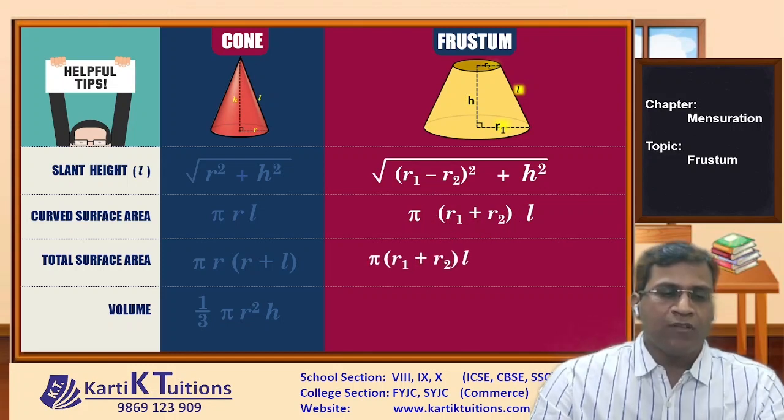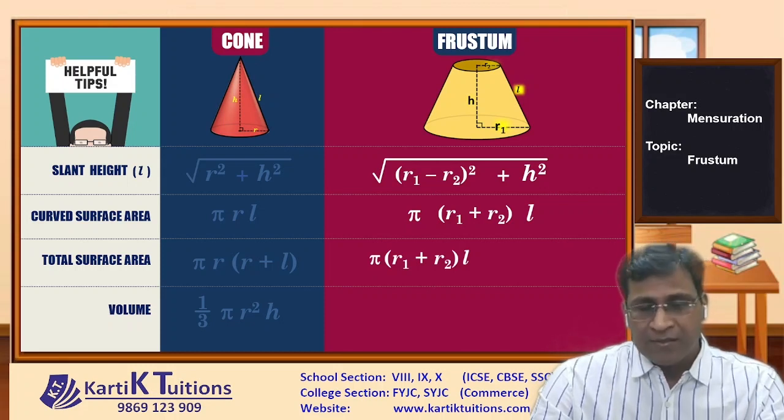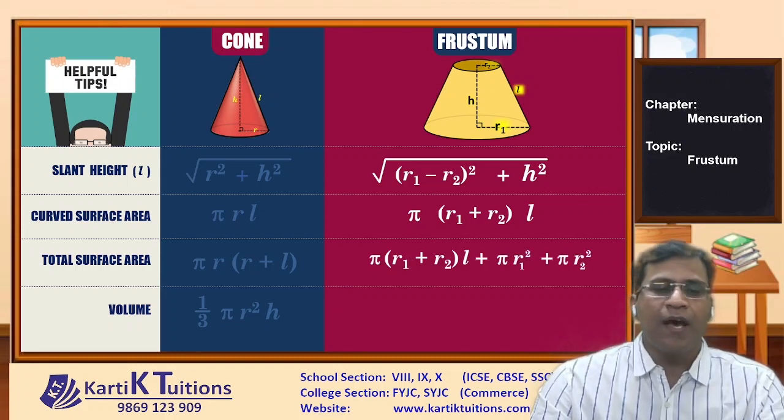Now when I talk about total surface area, it is what? Curved surface area plus area of circular faces. So it will become pi (R1 plus R2) into L plus pi R1 square plus pi R2 square. And the last, volume.